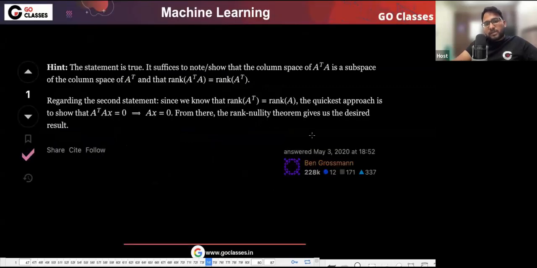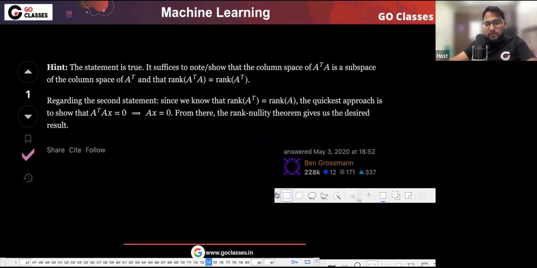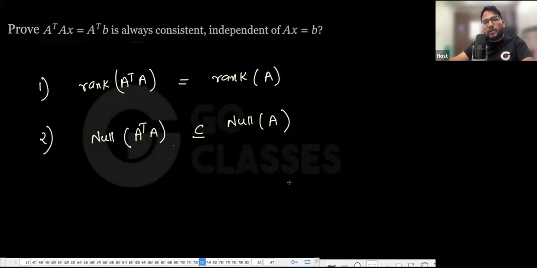Okay, so let's just see. Here, the rank of A transpose A is actually the same as the rank of A transpose also, which is fine, right?